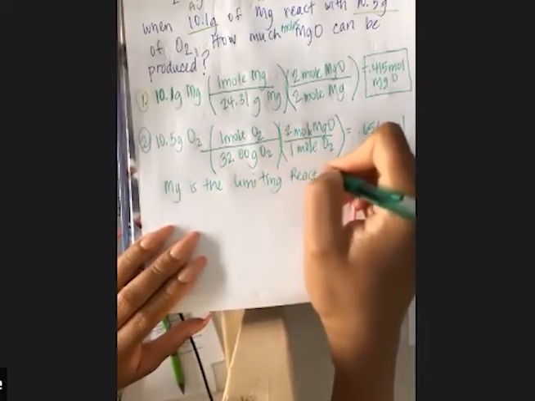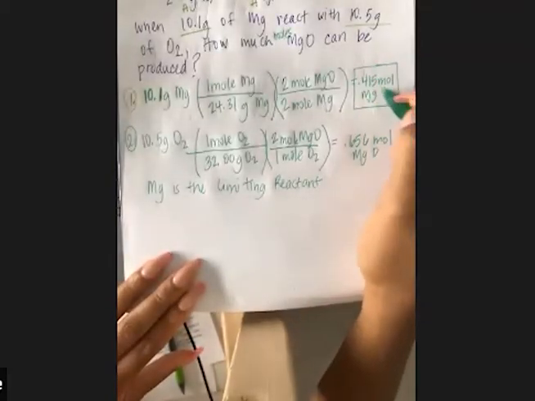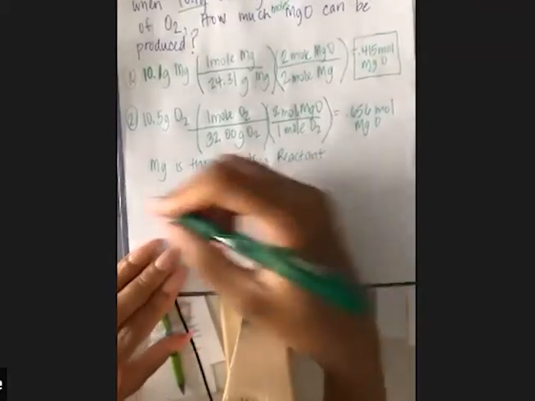So if the magnesium is the limiting reactant, what we call this number right here, we call that number the theoretical yield.